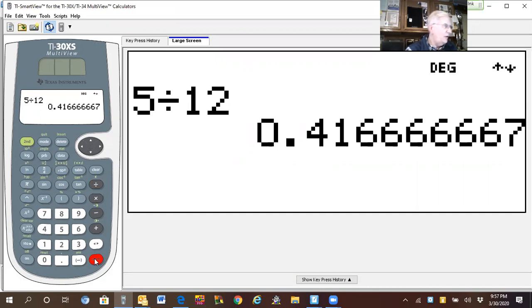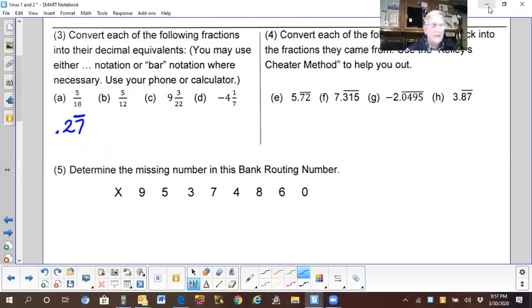So the acceptable answer is 0.416 with a bar over the 6. Incidentally, you can't use the Kelly's cheater method to turn that back into the fraction it came from, because it's not a whole repeating chunk. Same thing is true with the letter A up there. I can't use that cheater method to convert that back to 5/18. I just want you to be aware of that.